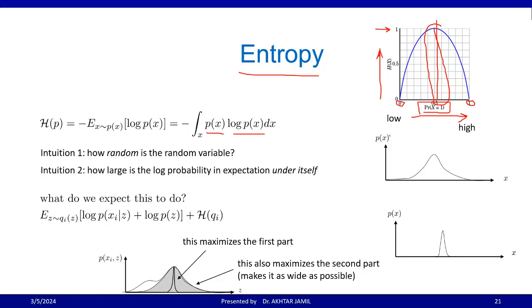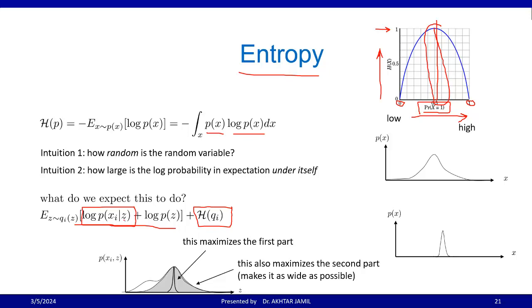So in terms of our process, what this H of q of i, the entropy of this variable q, this distribution q, is doing is this: if you look at this portion, our model is trying to maximize this term. What does this mean?